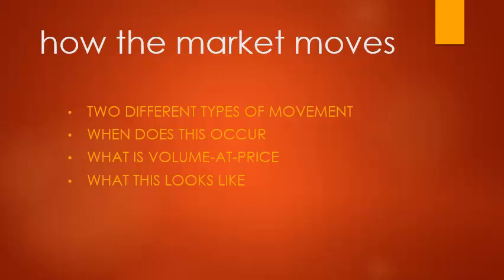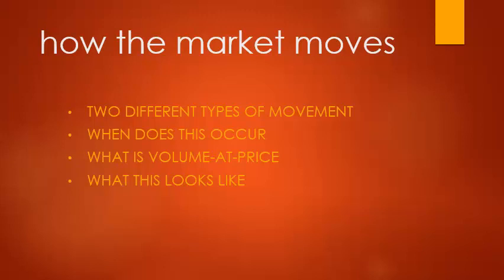And this brings us to what is volume at price. Well, as the market trades, transactions are being made. And a lot of times you've probably seen volume at the bottom of the chart, but volume at price is volume at a specific price level. It's a histogram that builds along the vertical scale.